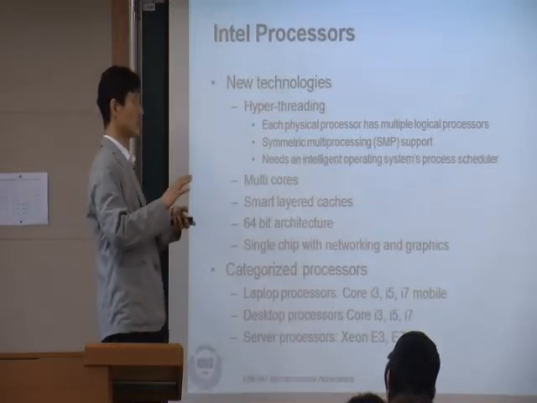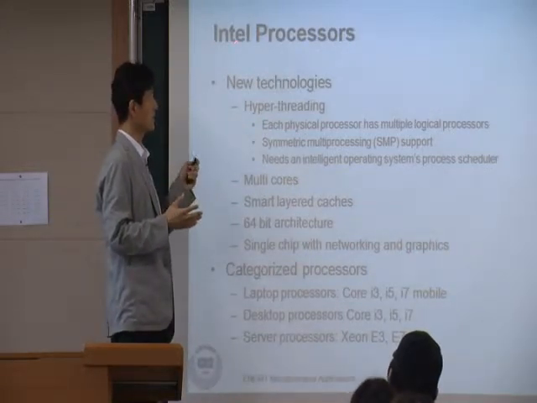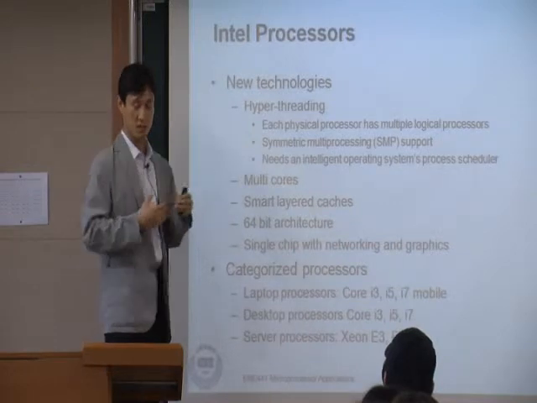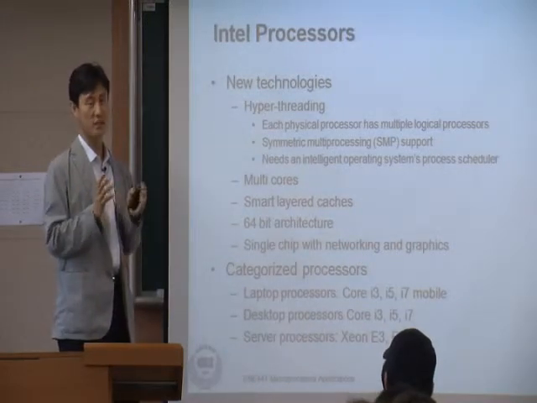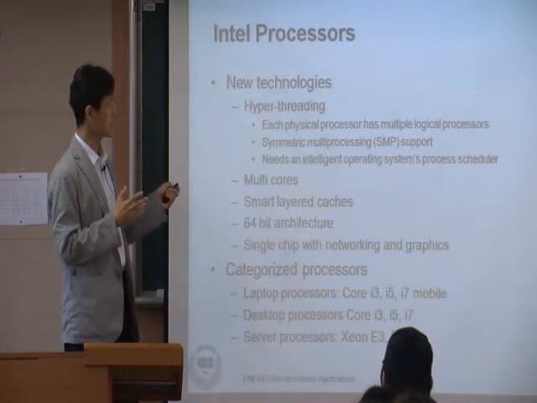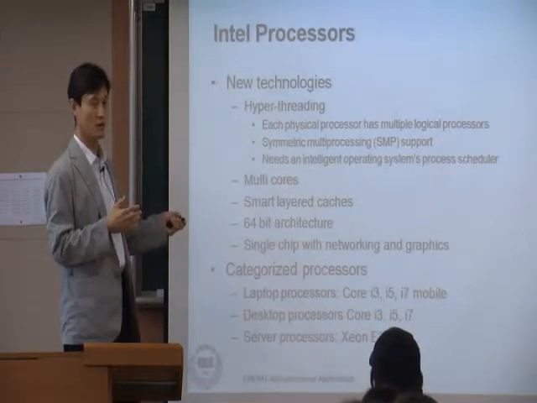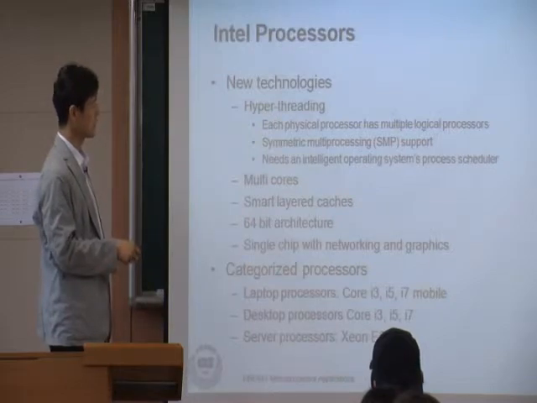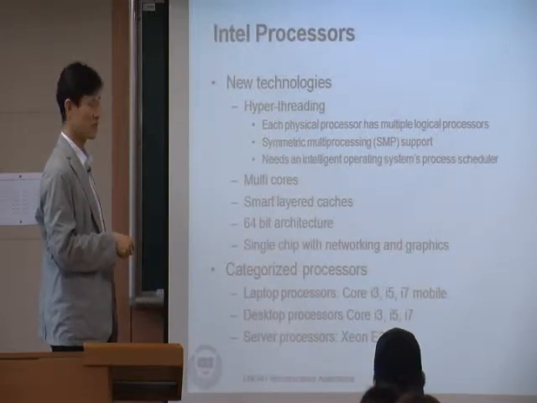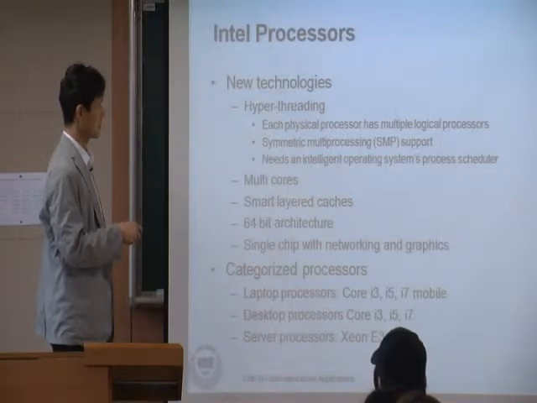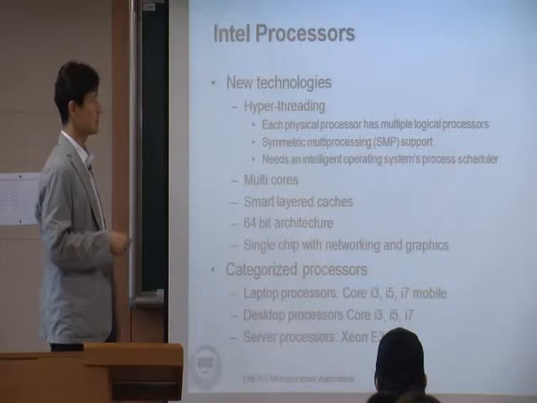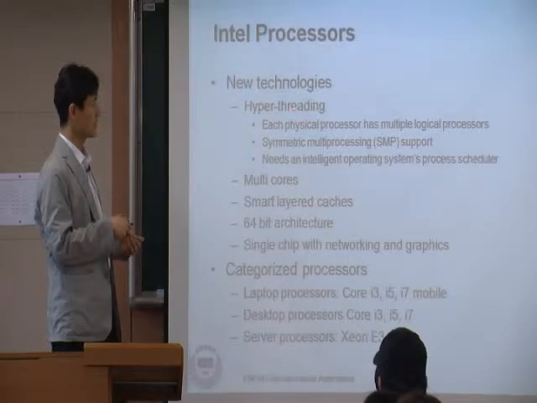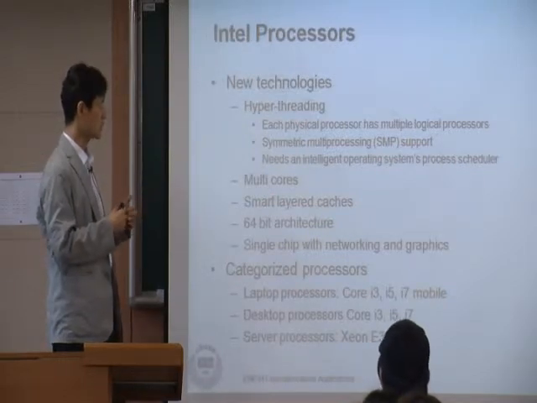So in the mid-2000s, Intel and other microprocessor companies started to focus on other technologies, like hyper-threading, multi-core, and multi-processor. Hyper-threading is a similar concept to multitasking or multi-threading, and it has a relationship with multi-cores.